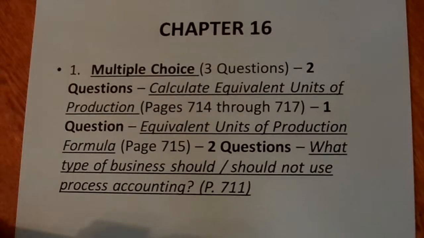It was complicated anyway, and when the key that Connect or McGraw-Hill applied had some errors in it, it didn't make solving this any easier. So there are also 2 types of questions dealing with what type of business should or should not use process accounting. So if I've confused you at all here, realize there's a total of 5 questions.